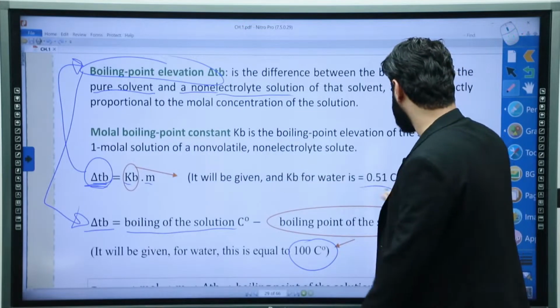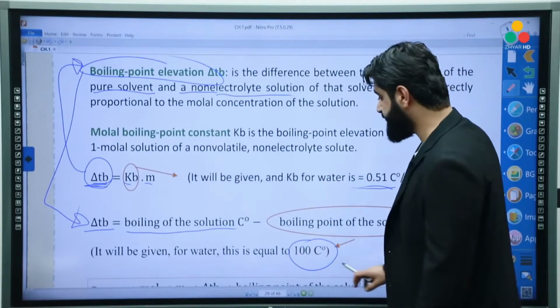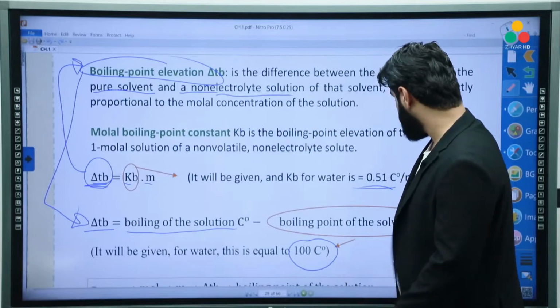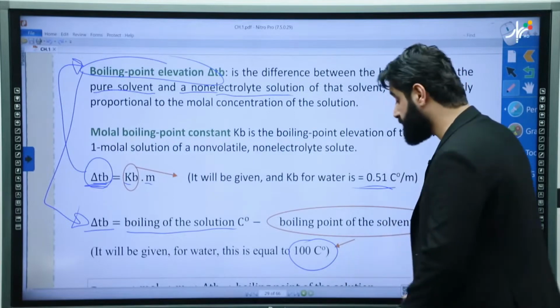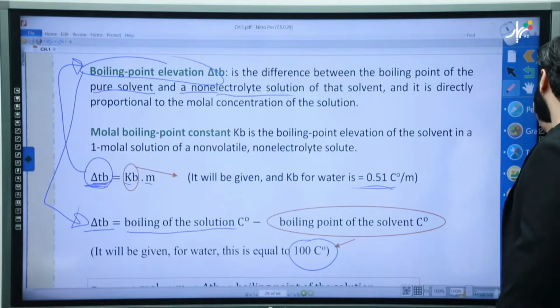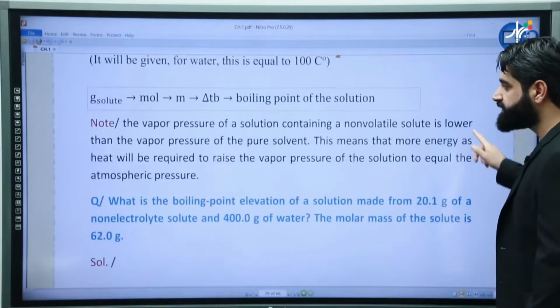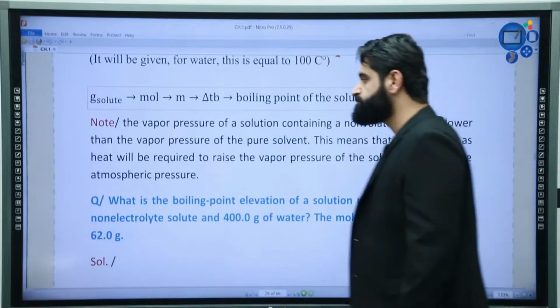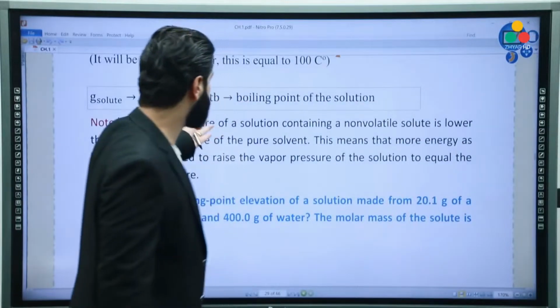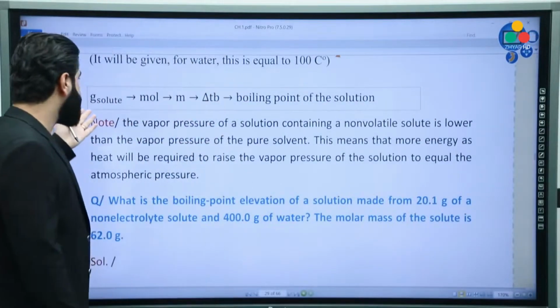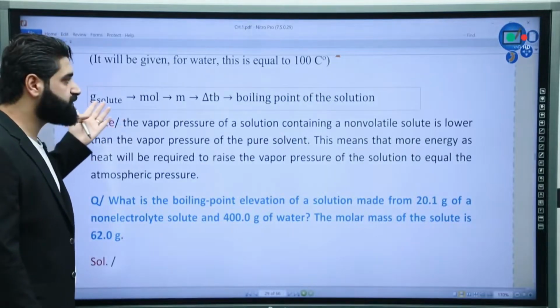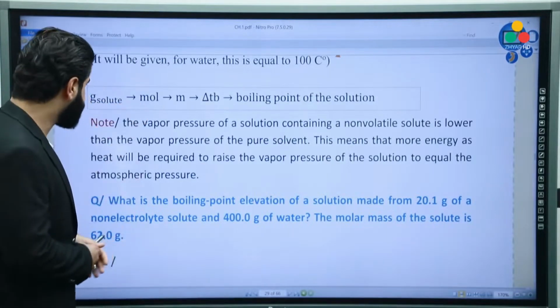KB for water is 0.51 and the boiling point of pure solvent, I mean water, is 100 Celsius degree. Nothing at all, we don't need to talk about how to solve any question, because it's very easy.